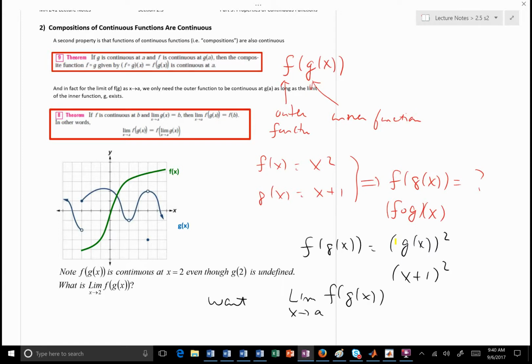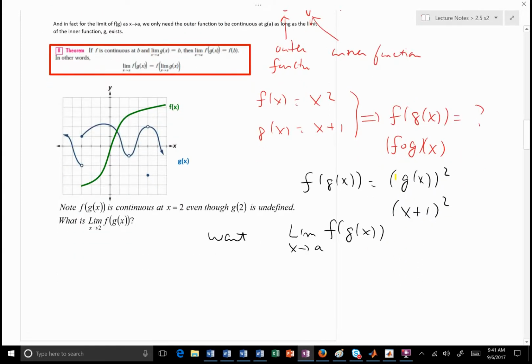So here's what I need. I need g to be continuous at a, and I need f to be continuous at g of a. All right. This theorem is kind of weak. This theorem says you don't have to be continuous. It says as long as the limit of g exists as I approach a. But we're rarely going to have that situation. So what I need is to know that g is continuous at a.